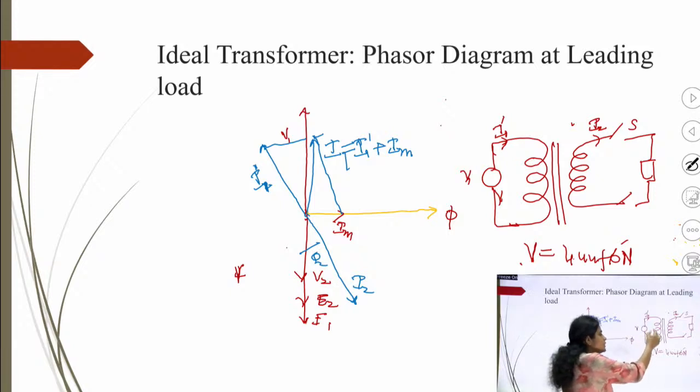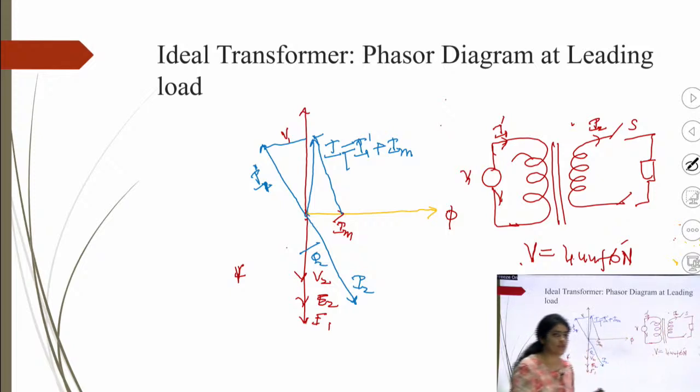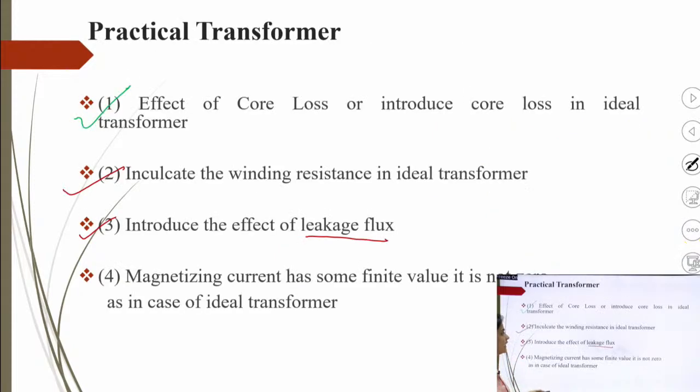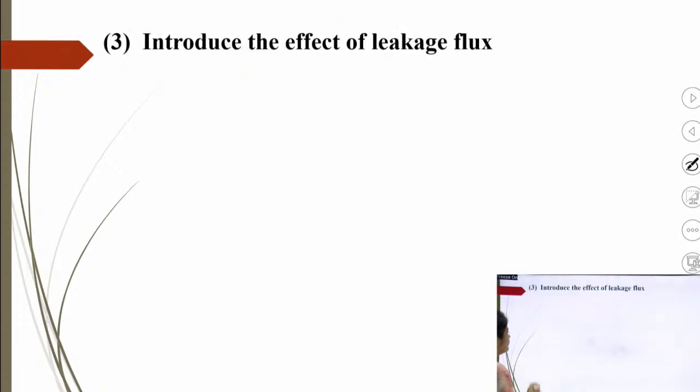Some of the flux is linked only with the primary and some of the flux is linked only with the secondary, and that flux is only confined in the air. So, leakage flux can be defined. Now, we introduce the effect of leakage flux.